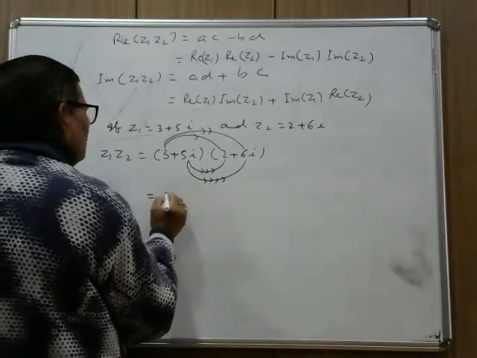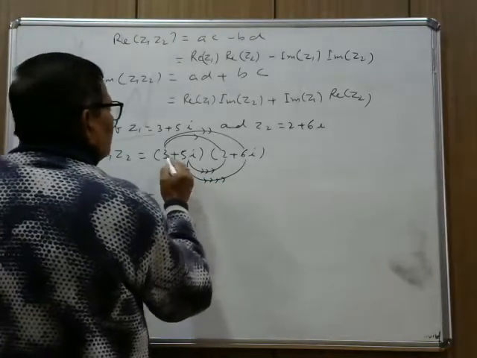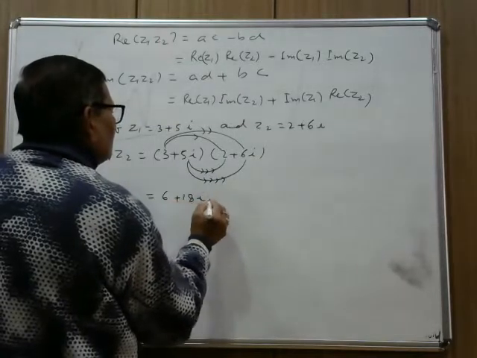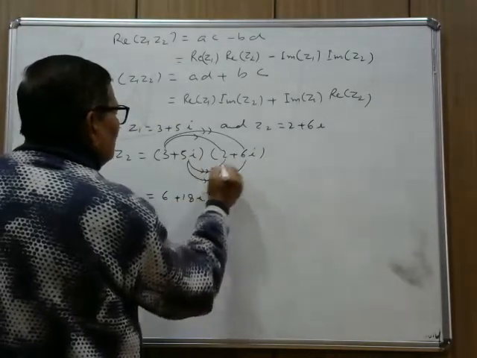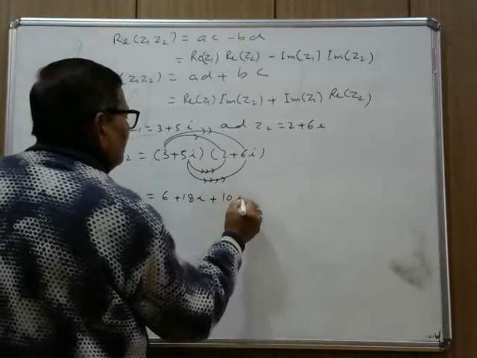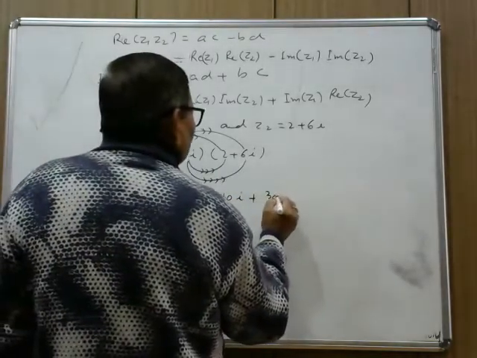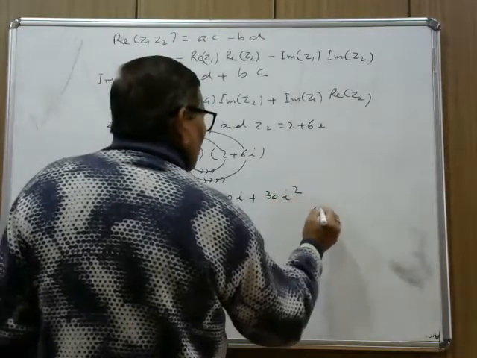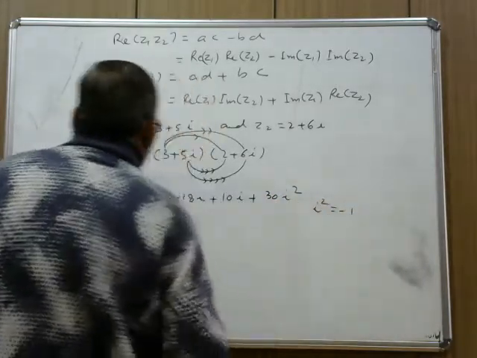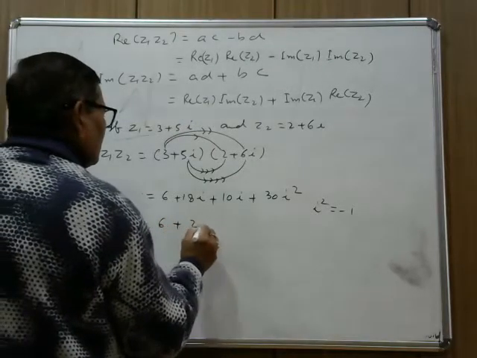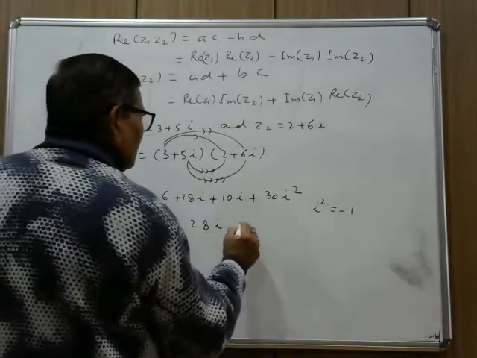So 3 into 2 is 6, 3 into 6i is 18i, plus 5 into 2 is 10i, plus 5 into 6, 30, 30i square. Your i square is minus 1. So the product Z1 Z2 can be written as 6 plus 28i minus 30.